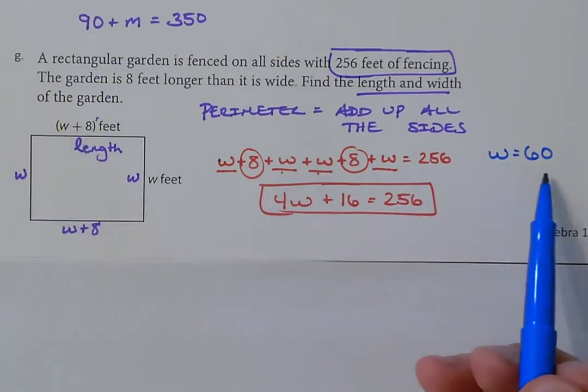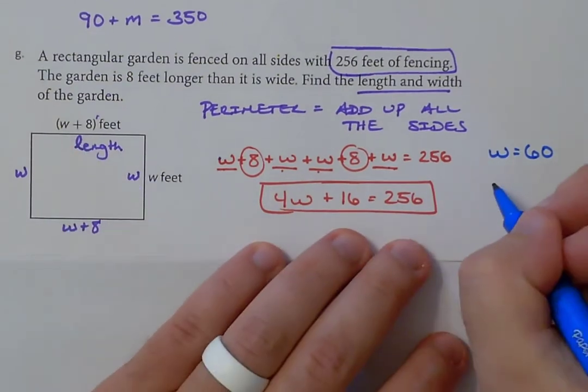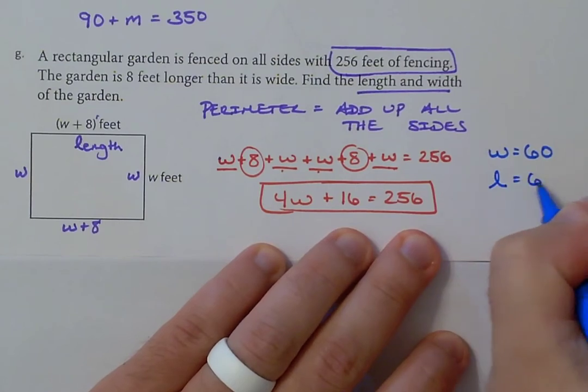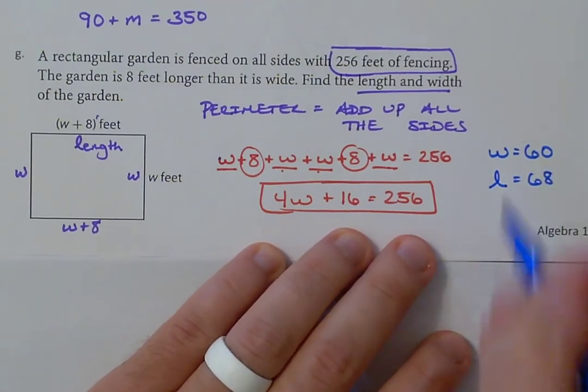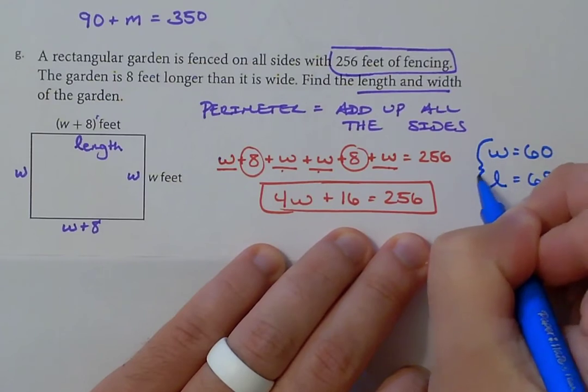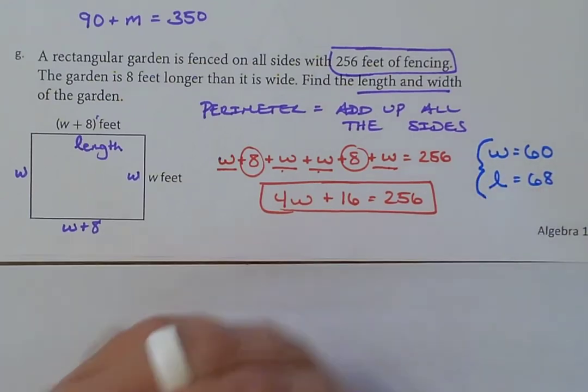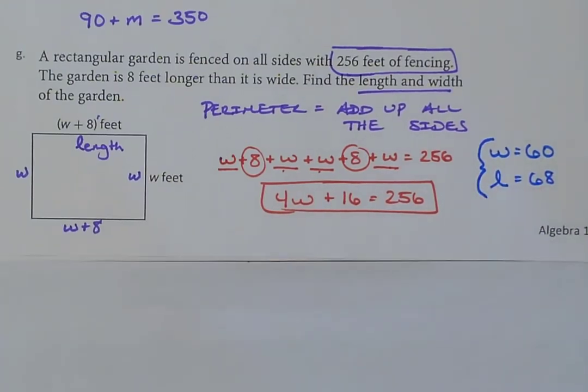So you just do 60 plus 8, and you find out that your length is 68. So I will leave that to you if you want to practice solving to make sure your solving skills are on point. But that is how you would do it, and that's an abbreviated way of solving.